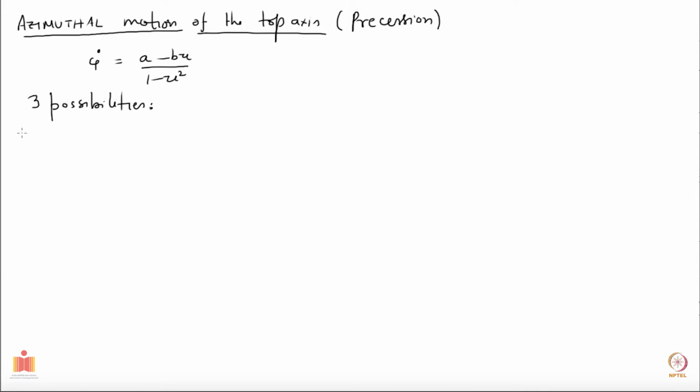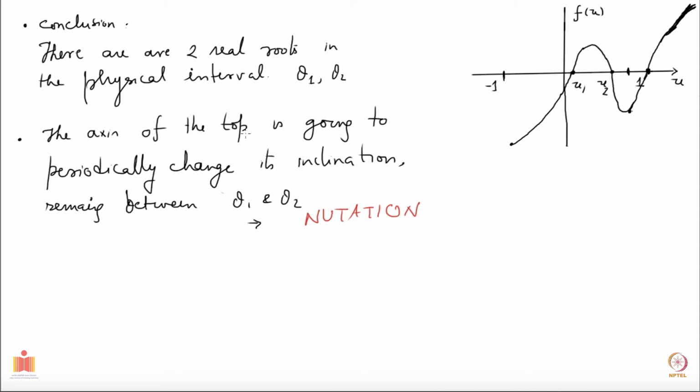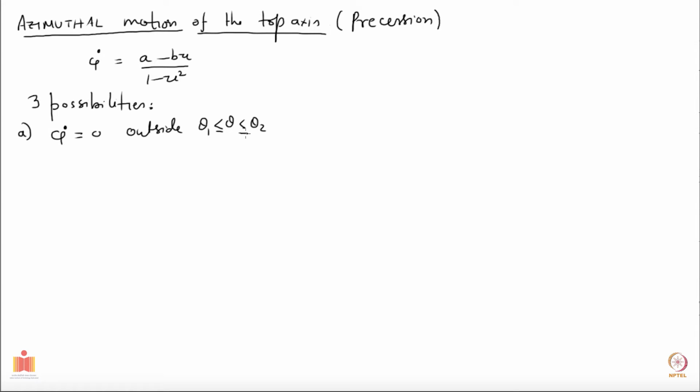So the first possibility I have already described: phi dot is equal to 0 outside theta 1 and theta 2. And this theta 1, theta 2 is what we talked about in the context of nutation. Now there is a second possibility, that phi dot is equal to 0 inside this range.